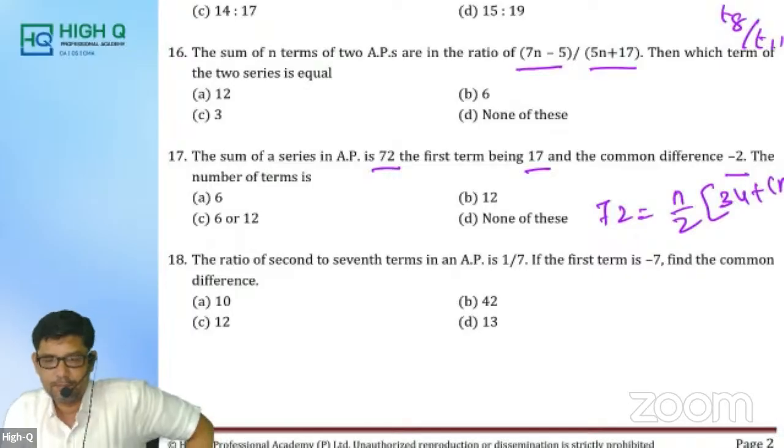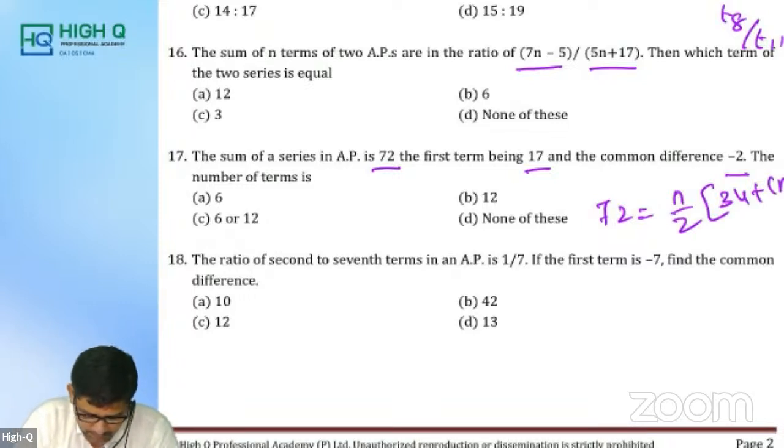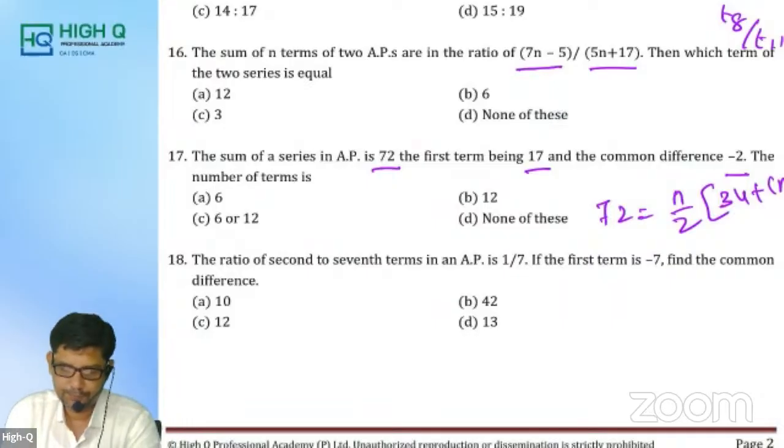What is the value of n? What did you get?